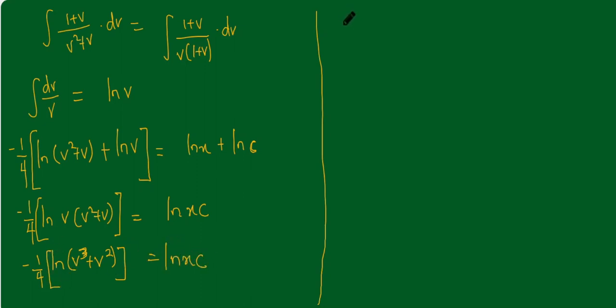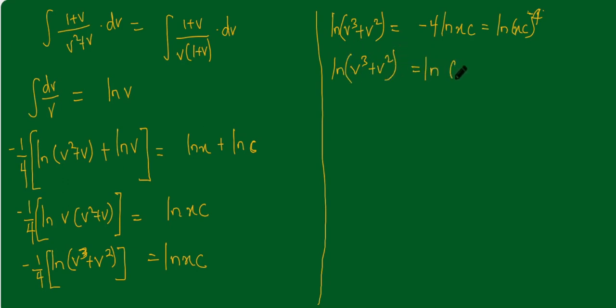So we now have ln(v cube plus v squared) to be equal to minus 4 ln xc, which is ln of xc raised to the power of minus 4. So ln(v cube plus v squared) is equal to ln of xc raised to the power of minus 4.